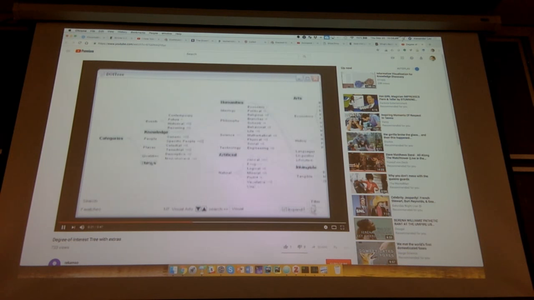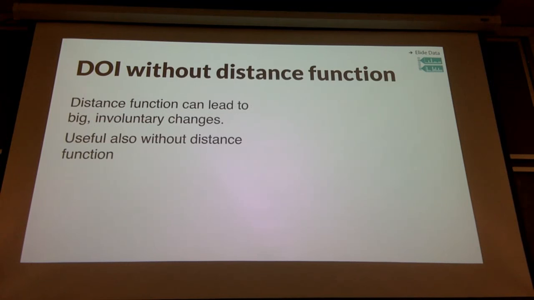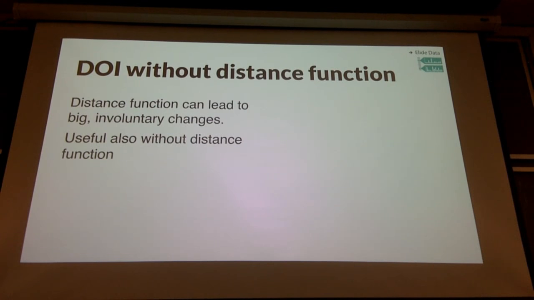You can also see this a lot in hyperbolic trees. Well, they are actually mostly local. My caveat here, from personal experience, is that the distance function can sometimes be quite tricky.